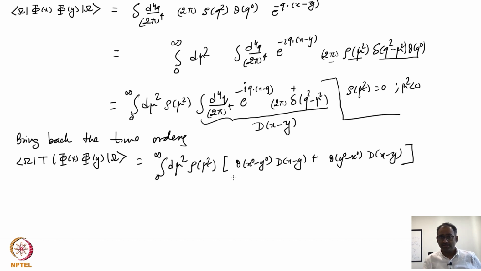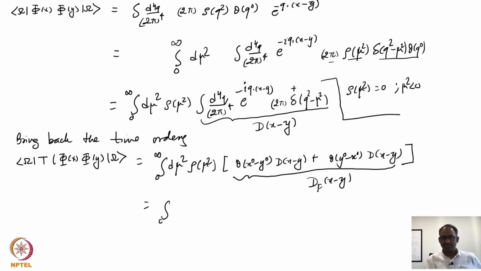So this is this expression, and what is this? I have just inserted the time ordering. This is the same object. Now this, you remember, is the Feynman propagator D_F(x minus y), for the case of free theory. So what do we have?